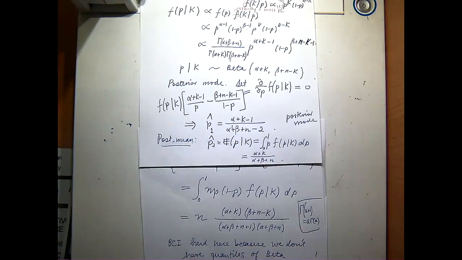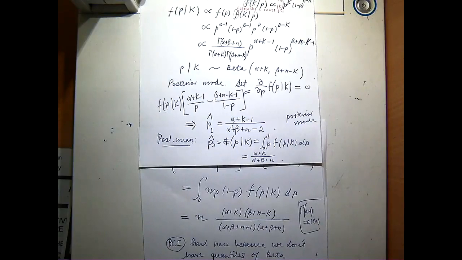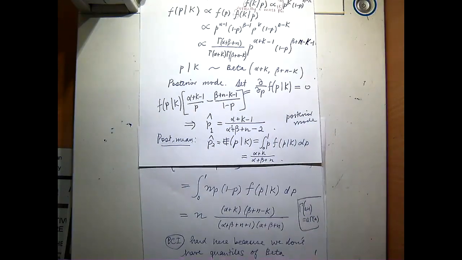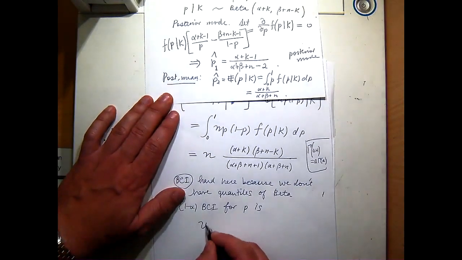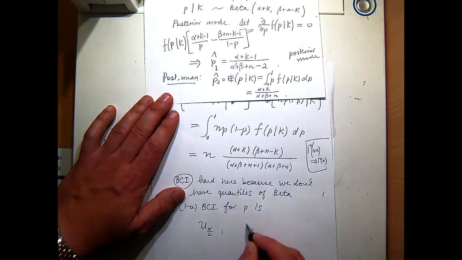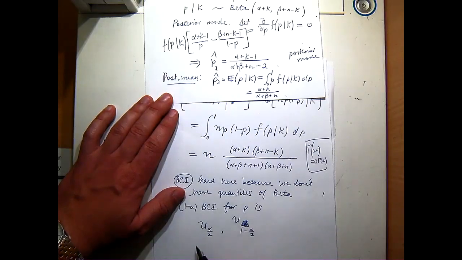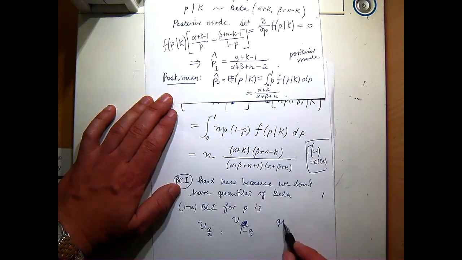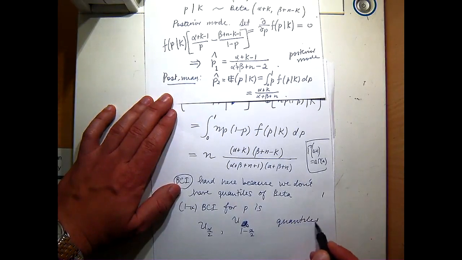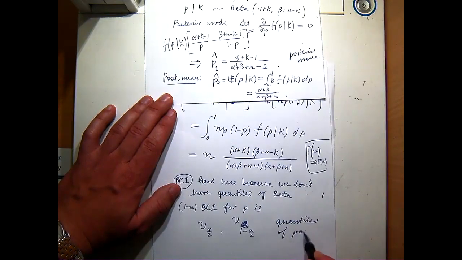But the Bayesian credible interval, the 1 minus alpha BCI for p, let me just call it U alpha over 2, comma, U 1 minus alpha over 2, which are just the relevant quantiles of the posterior distribution.